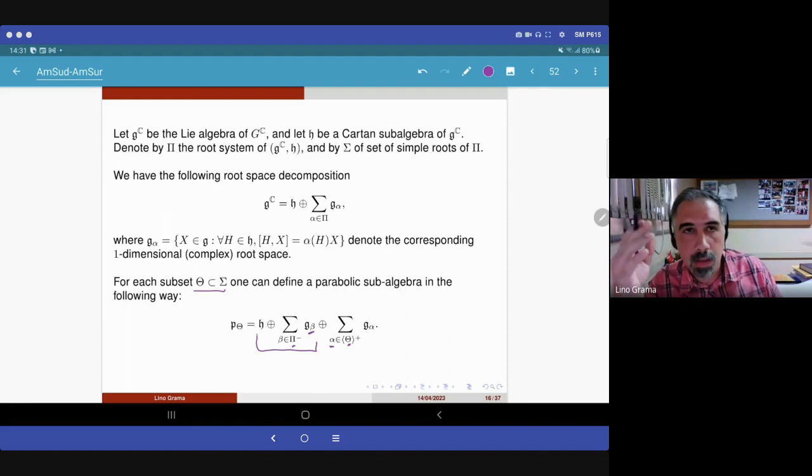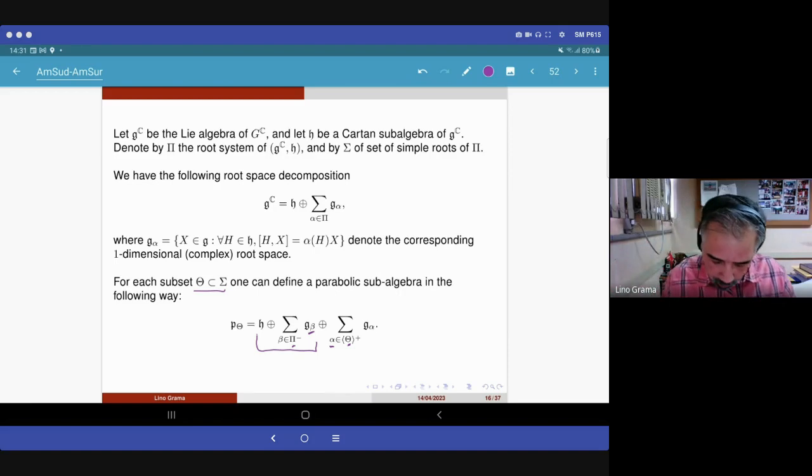Recall the simple roots are like a base of all roots. I can write all positive roots in terms of a combination of simple roots. But now we just consider a part of these positive roots. And we have, like, just a simple drawing in the matrix. We have this part is the diagonal. Here above this diagonal, there will be some parts of the matrix. Okay.